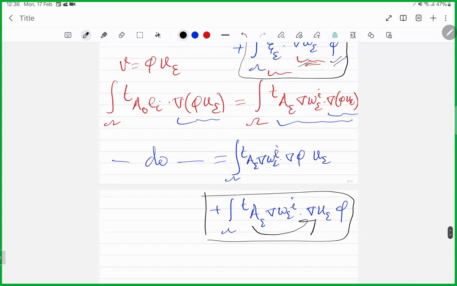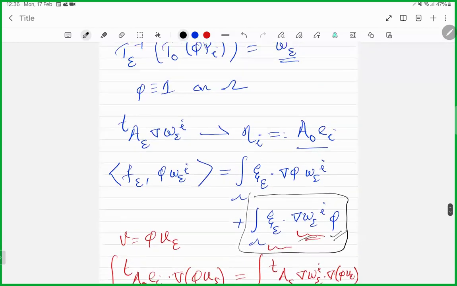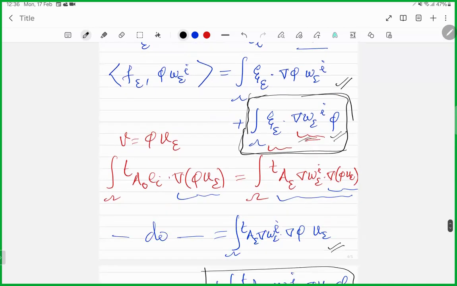So I'm going to use whatever I have in this equation, use it in this equation here. So I'm going to replace this term by whatever we got from the second equation.